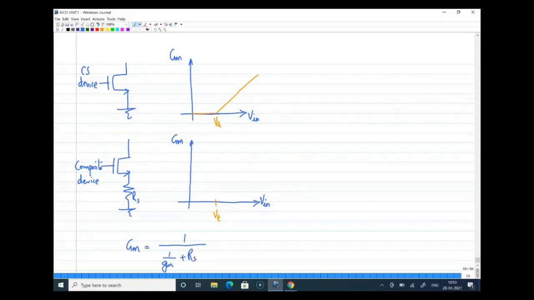Now you should understand one thing. In the denominator there are two things, 1 by gm and RS, and both will have extreme values. For example, initially, if your gm is very small, this 1 by gm term, okay, let me draw it in this fashion.